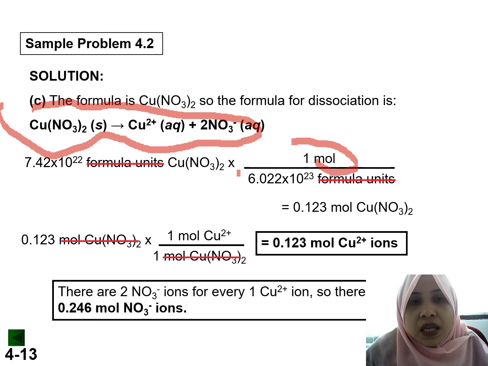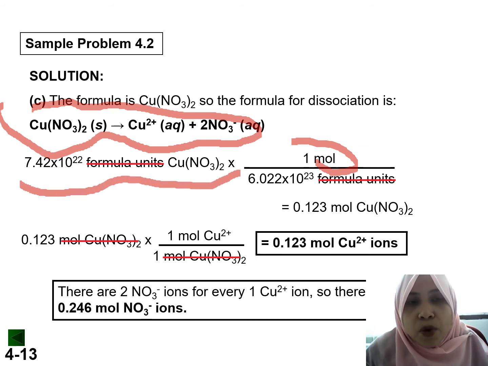How about if 7.42 × 10^22 formula units of copper nitrate, it will produce how many moles? So solving this equation, you will get this amount of mole for copper nitrate.